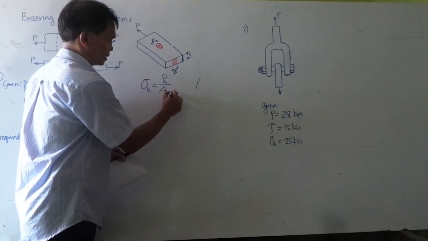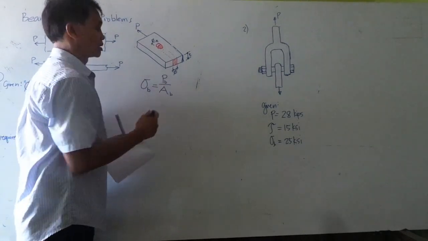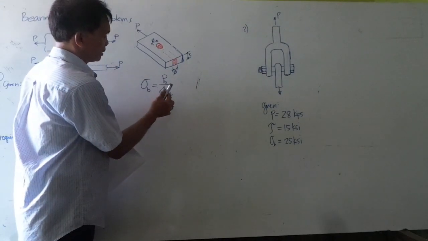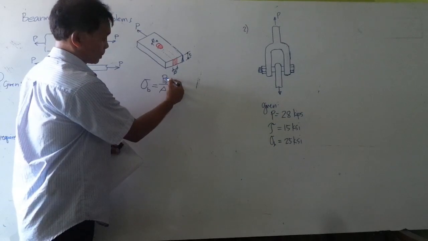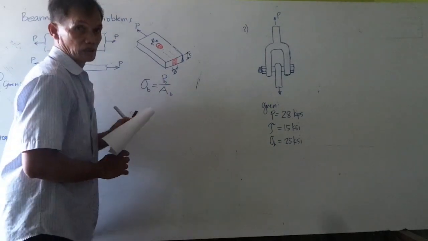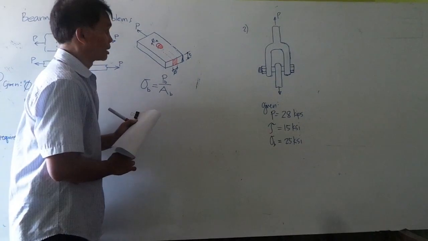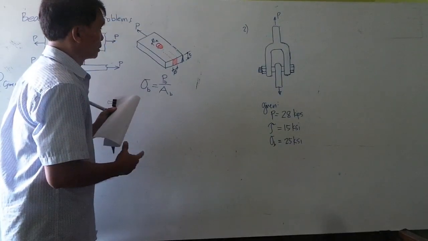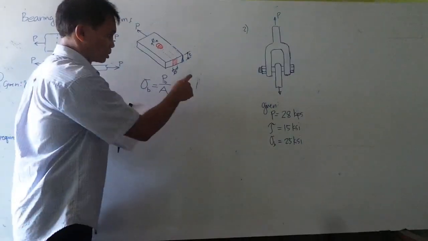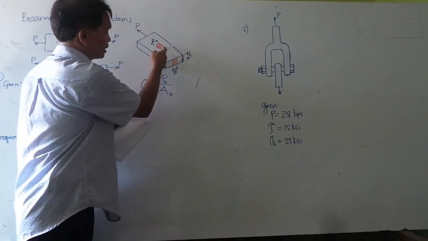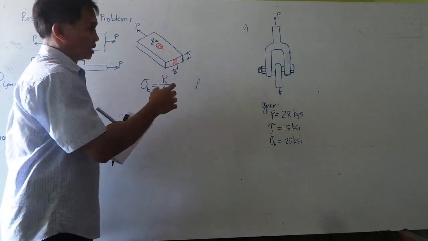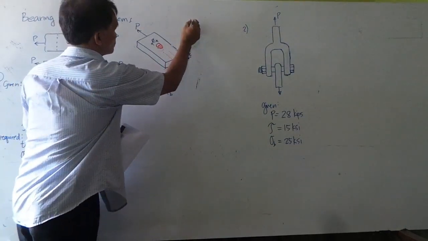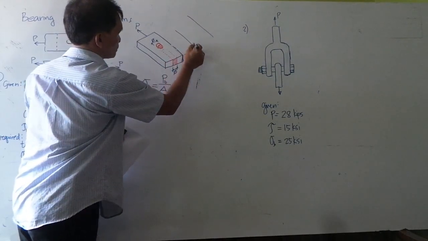Now, our bearing area is still perpendicular to the load applied. But the bearing area is not the actual contact area, because the stresses at this point act on the plate.